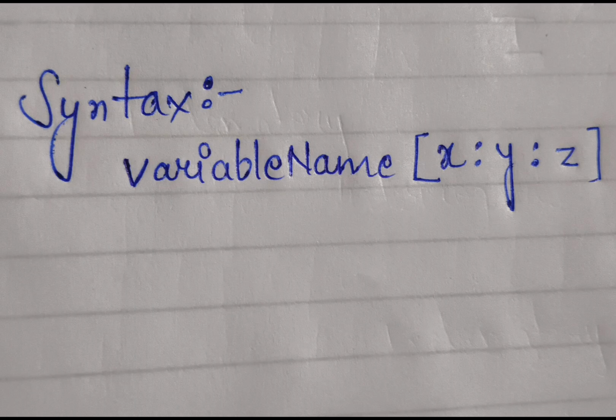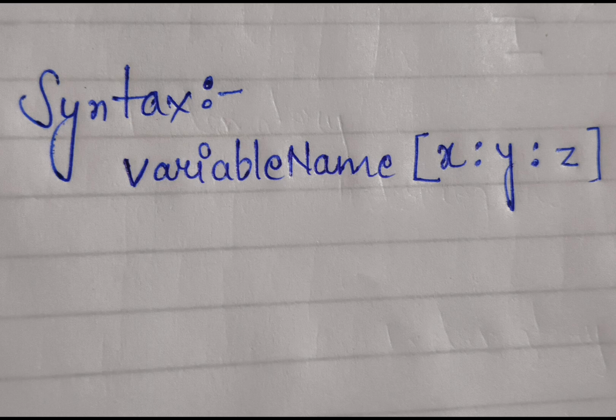Like either you want to print 1 2 3 4 without any gap, then you can just leave the z position. You don't have to write anything. Or if you want to write, then you can write 1 at the place of z, so it will print the characters without any gap. But if you want the gap of 1, then you have to write 2, so it will print like 1 3 5 by leaving 1 characters.